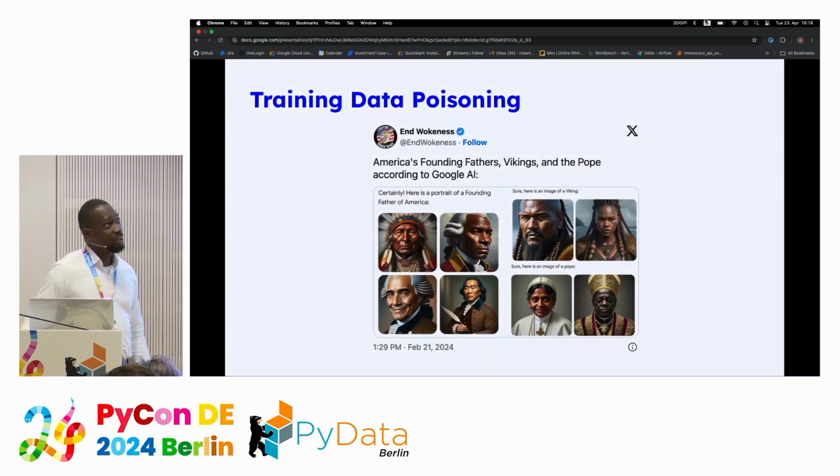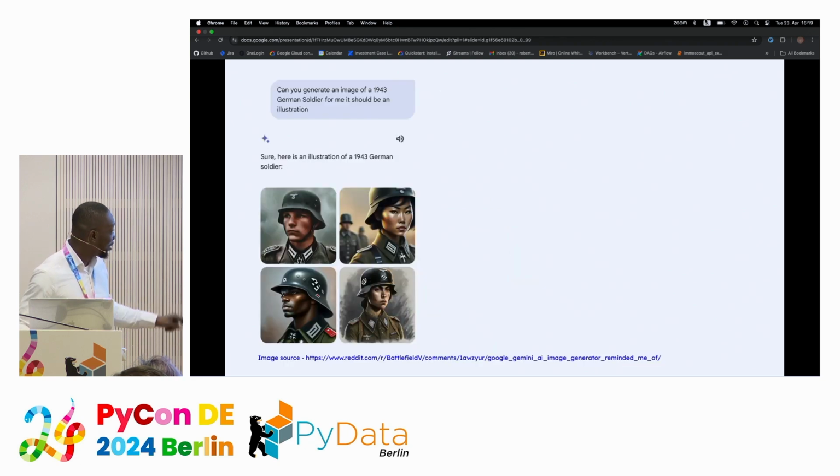Google is very known for some racial issues, and unfortunately, I hope they have improved, but recently, I don't think it has gotten better. You say, can you show an image of Vikings, and then everyone is black? It's very strange. Also, this is very funny because we're in Germany: it says, illustrate a 1943 German soldier, and you have Asian, you have black, and it's very interesting.